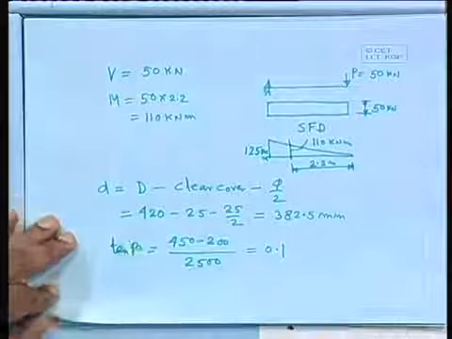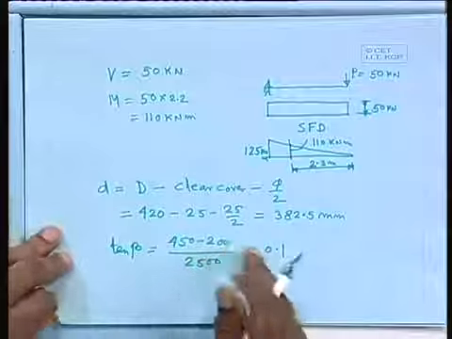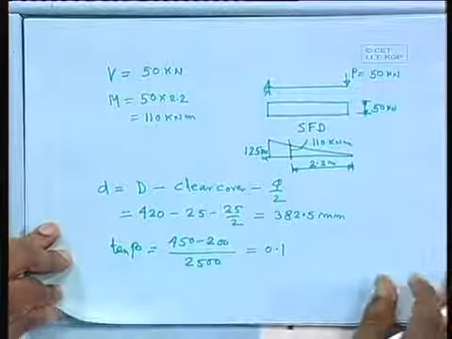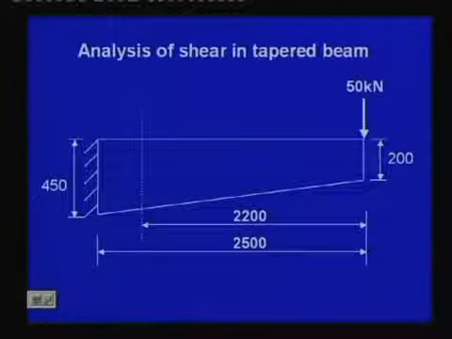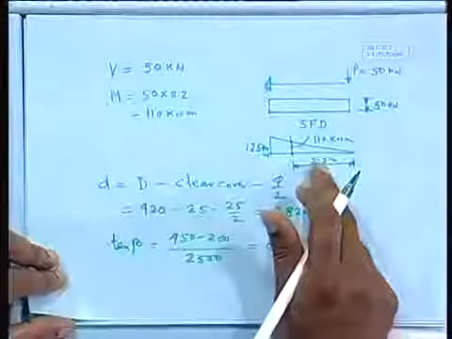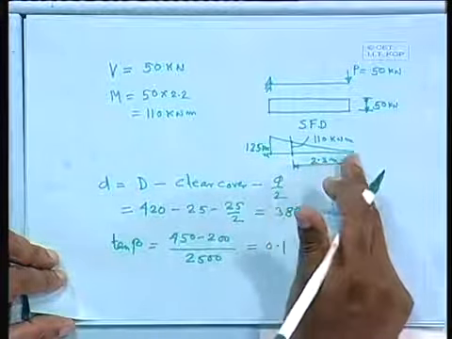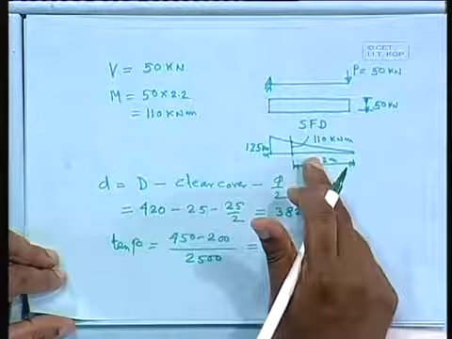So we know tan beta equals 450 minus 200 by 2500, equal to 0.1. So this is case A, because bending moment increases as well as the effective depth also increases.